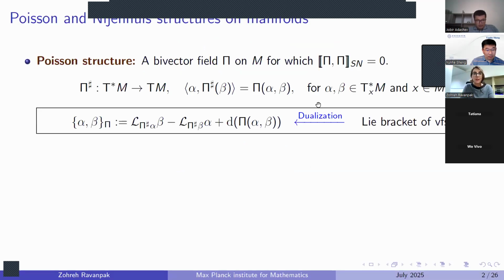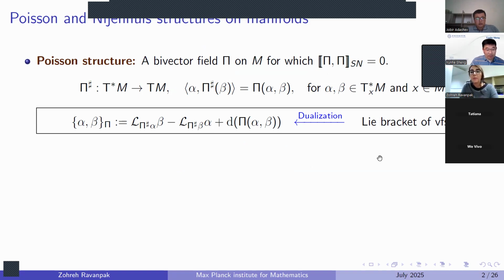Let me start with the definition of a Poisson structure, which is a bivector pi on a manifold for which the Schouten-Nijenhuis bracket of the Poisson structure with itself is 0. Given a bivector, we have the sharp map, which is a bundle vector morphism.